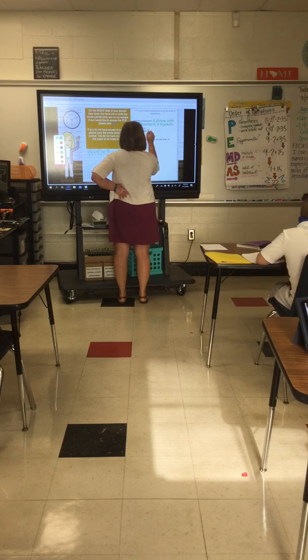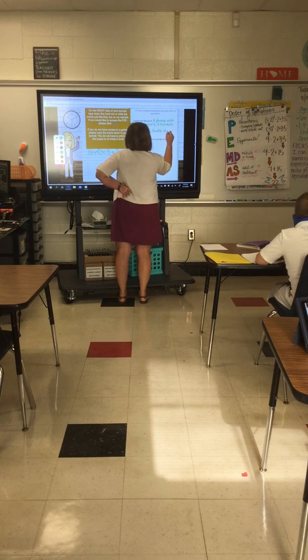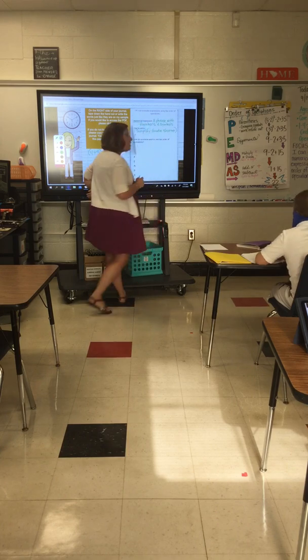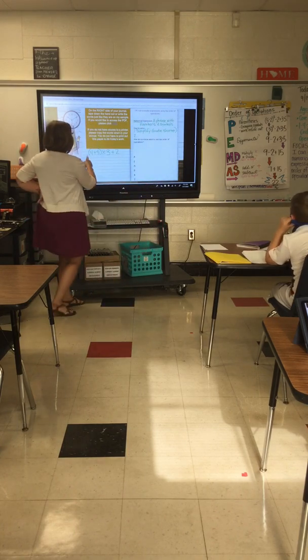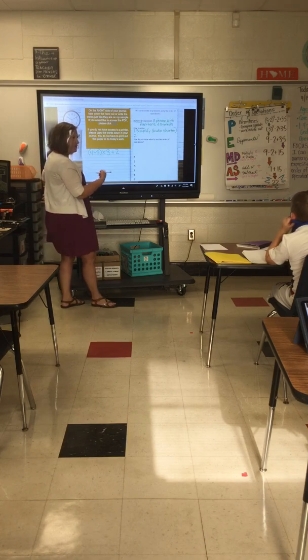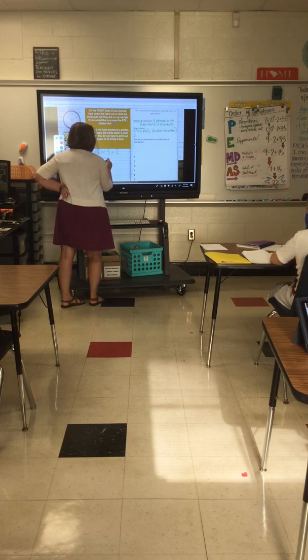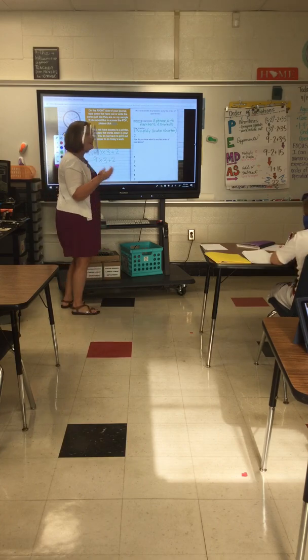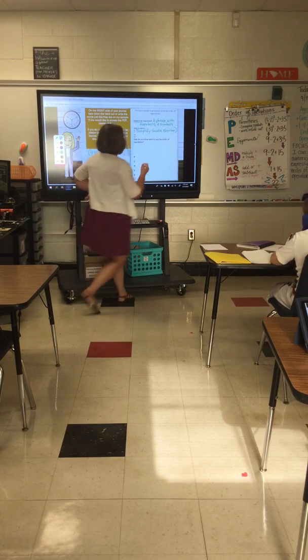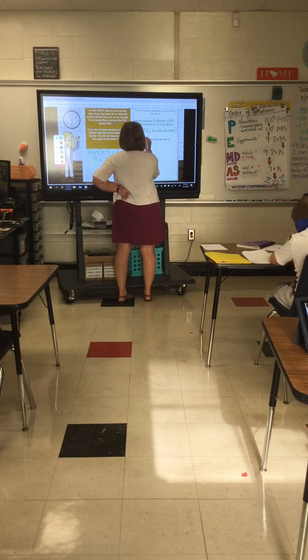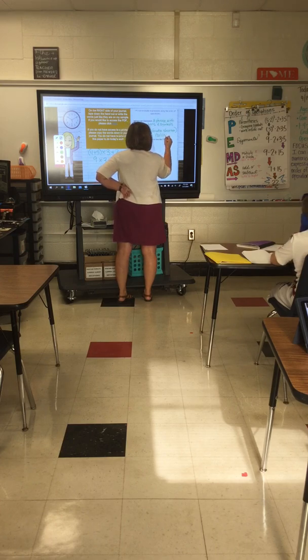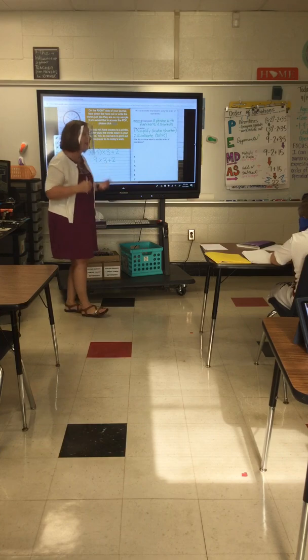If I simplify, that means I make it shorter. I got to follow the steps to make it shorter. Now, what am I going to do first here? Do we know? I got to do the parentheses first. So I'm going to follow steps until I finally get a what? An answer. So we will finally evaluate it or solve it. Get an answer. Okay, that's what that means, to get an answer.